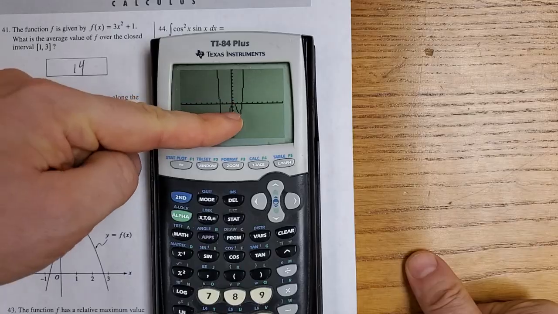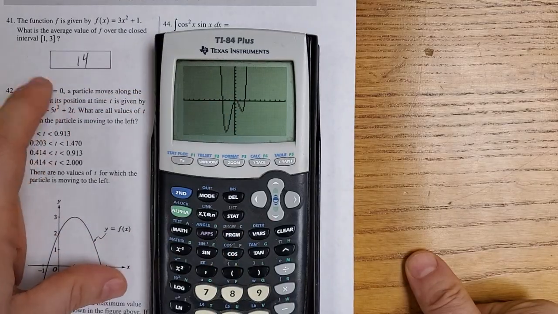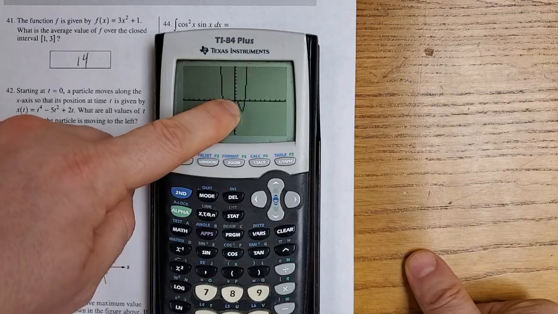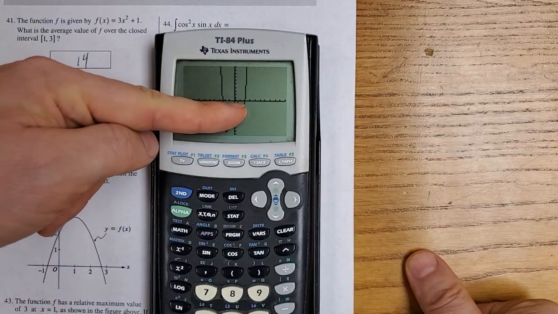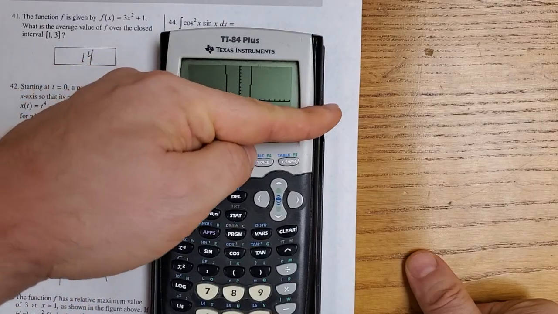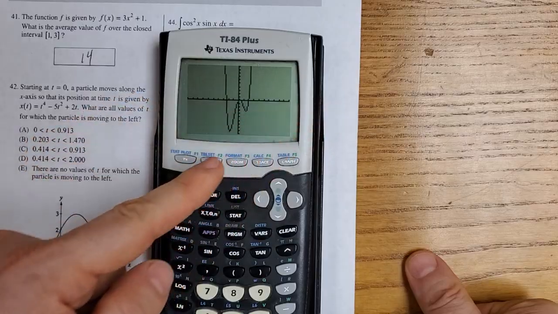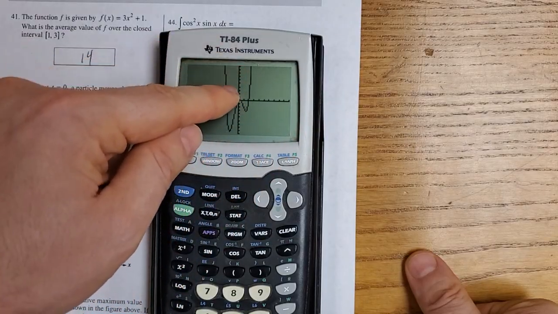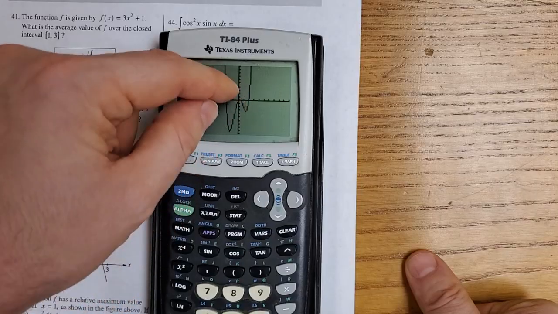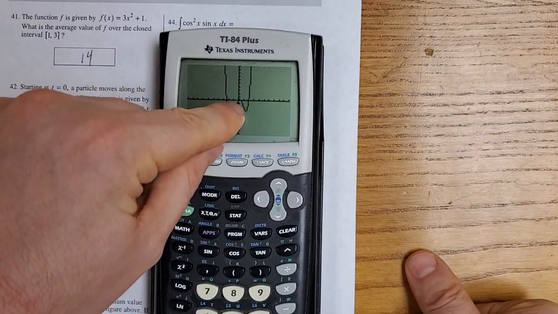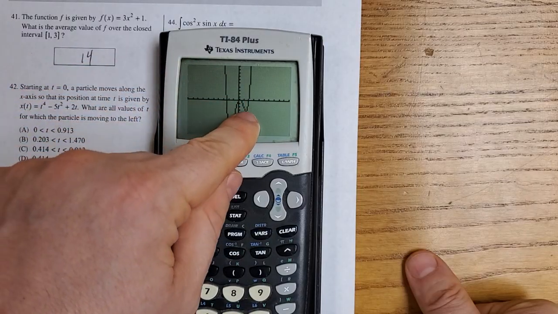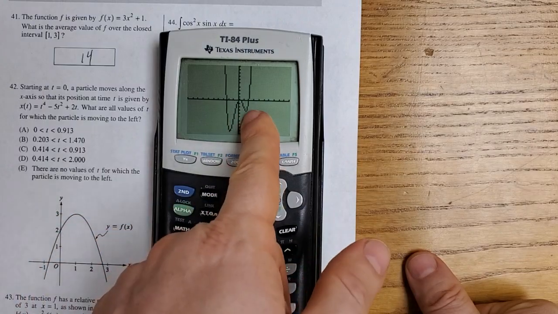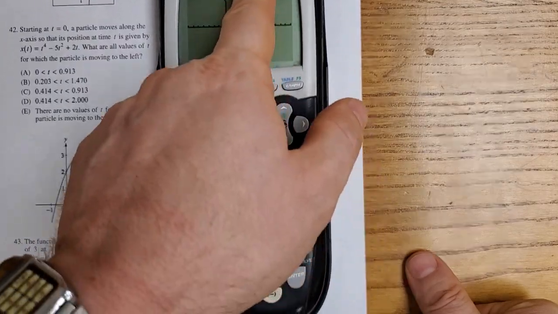Time is the x. So when it says starting at t equals 0, so starting here at x equals 0, we're moving forward, and time is going this way. And then the distance is represented by your up and down. So it's actually going backwards and then turns around here and then moves forward again.